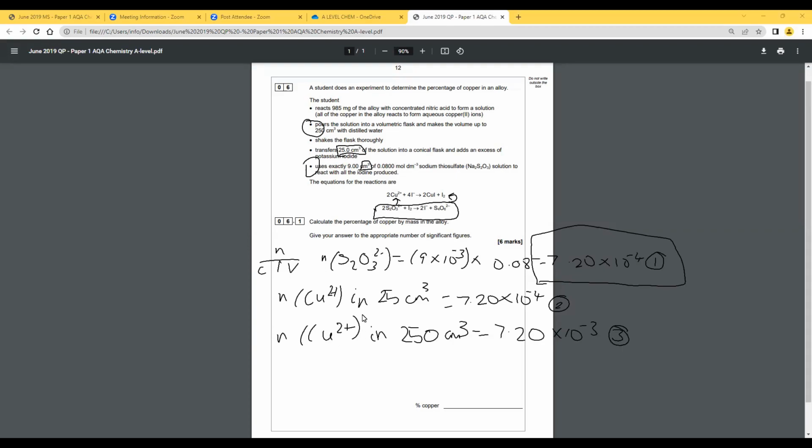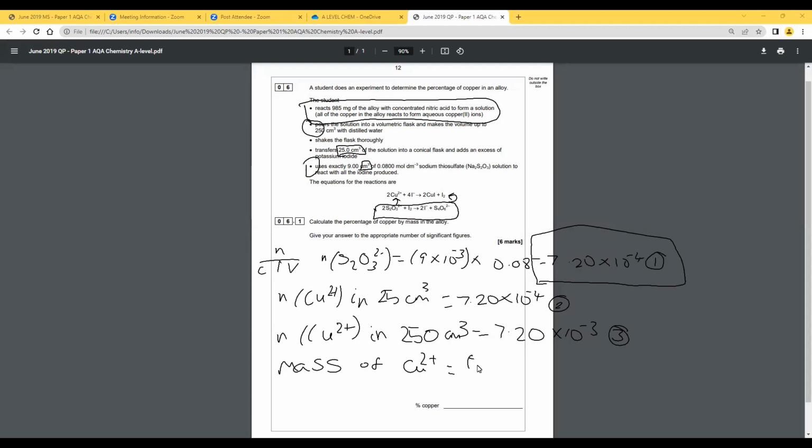Now, we figured out the moles of copper in this, and so now we know how many moles of copper was in this mass of alloy, so we can also figure out the mass of the copper that was in the alloy using the moles that we calculated as well as the formula mass.